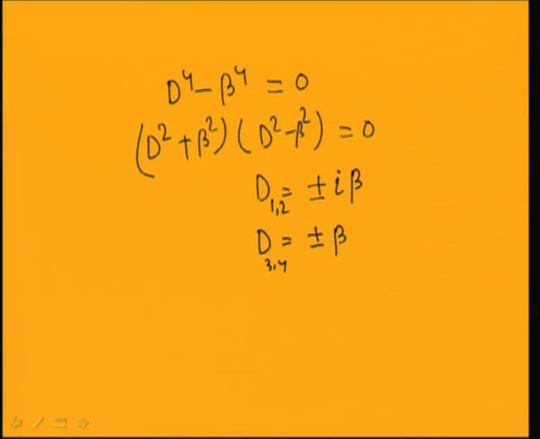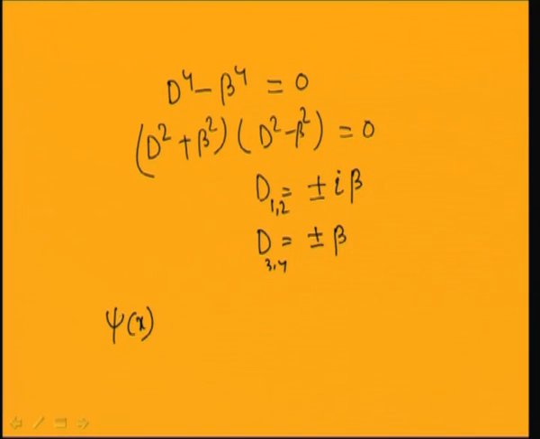When the roots are plus minus beta, the solution can be written in the form a1 e to the power beta t plus a2 e to the power minus beta t. In this case it is x, so this is the solution for psi x.